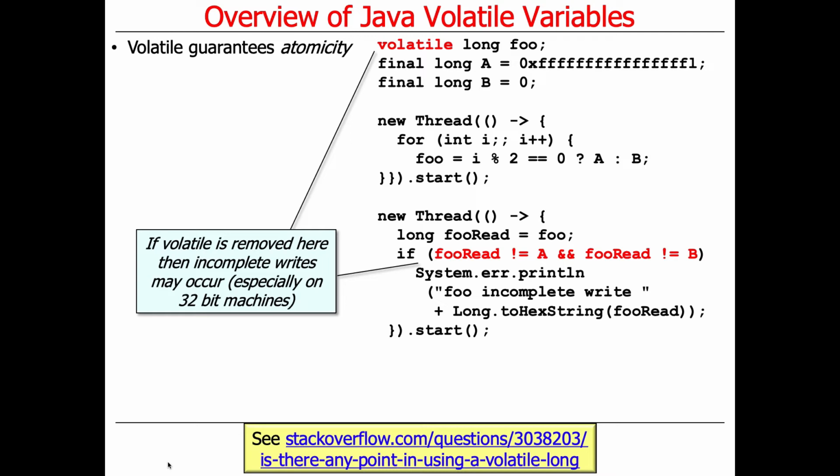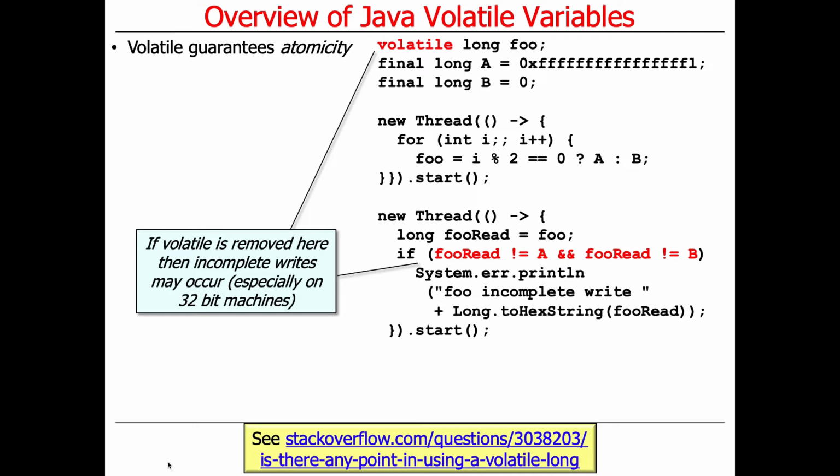If you take a look at this other thread, it's going to go ahead and read the value of foo, and it could turn out that under some circumstances, if you read the value of foo and compared it to A, and you read the value of foo and compared it to B, if you put volatile here, you'll be fine.